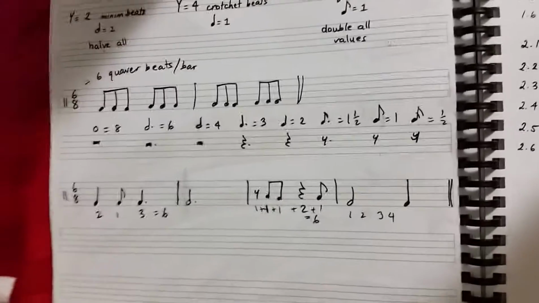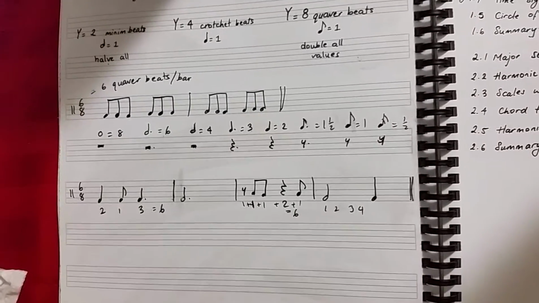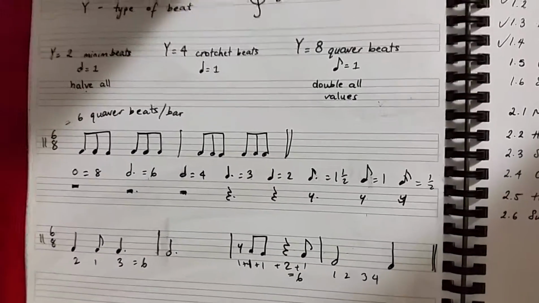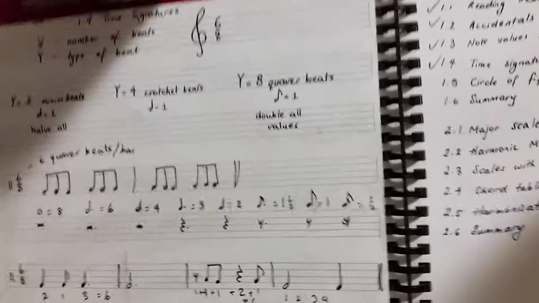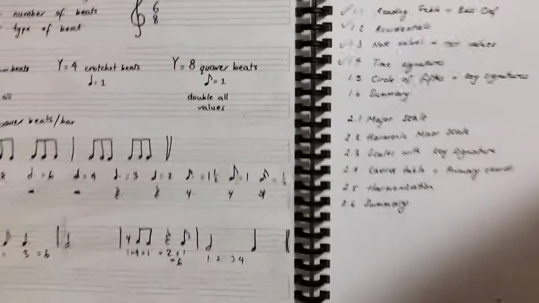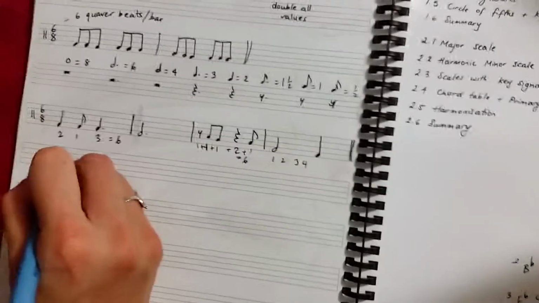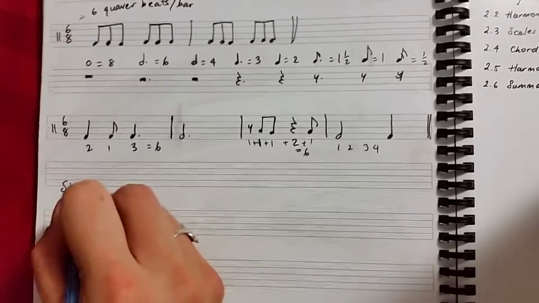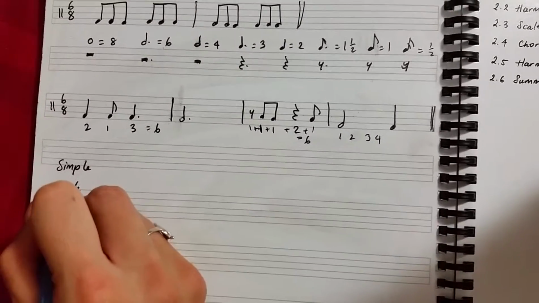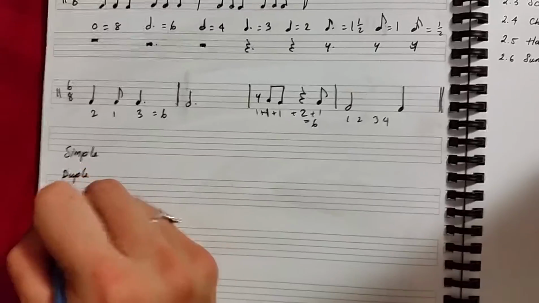Okay. Now time signatures. So we talked about putting note values into bars with the right number of beats. Now I need to talk about common time, simple time, and compound time. So simple time. We've got simple duple, triple, and quadruple.